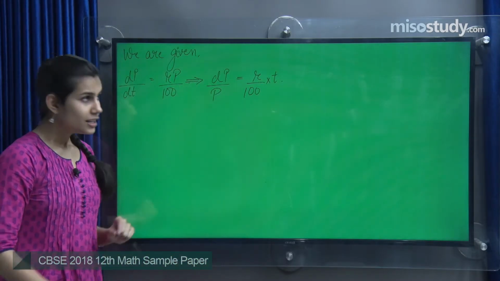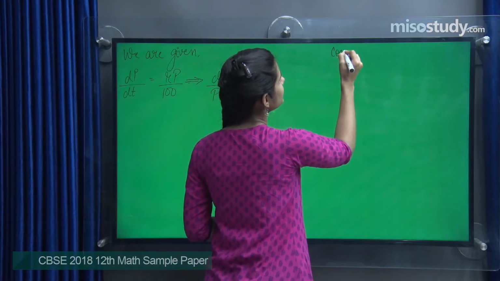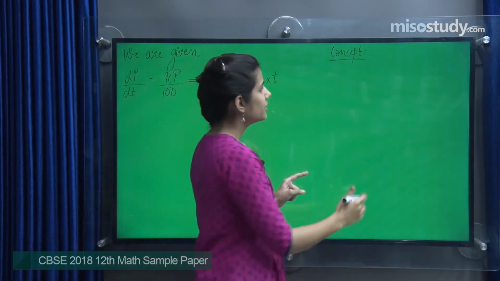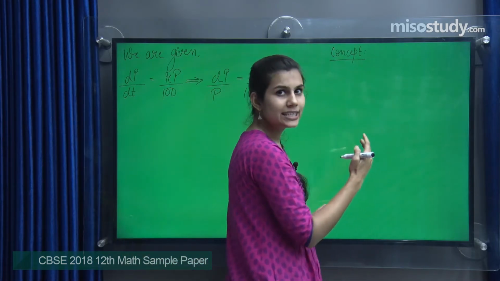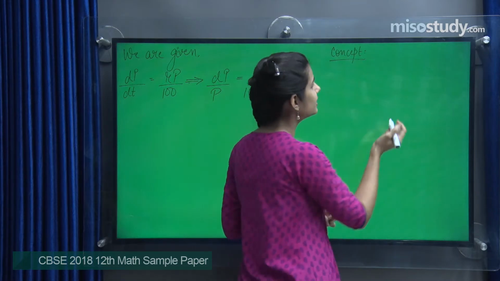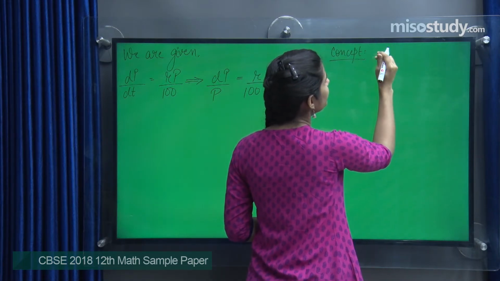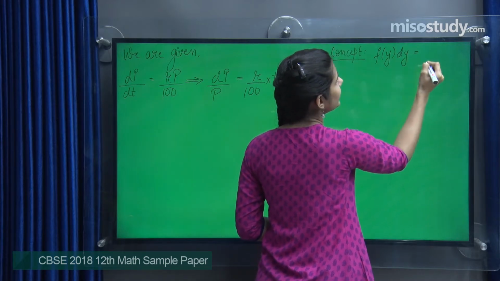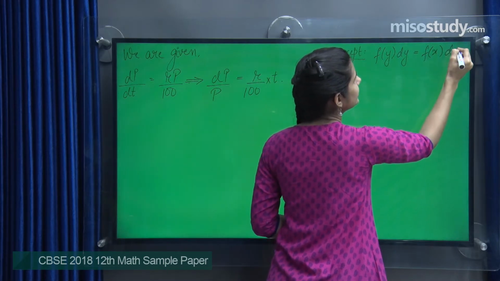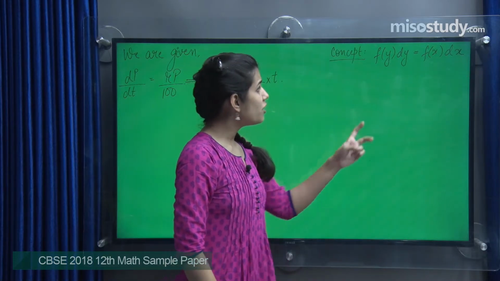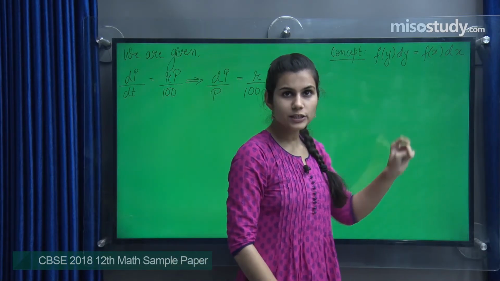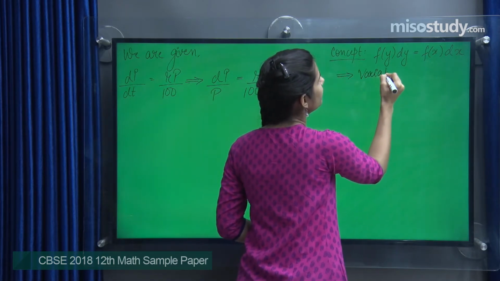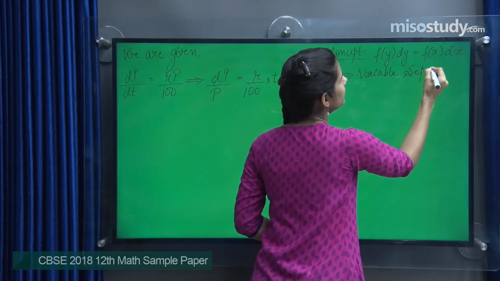Now, what is this? Well, again, a concept comes to the rescue. If we can write the differential equation in this form, how? If we can write it as f of y dy equals f of x dx, somehow, if we can write our differential equation in this form, it implies that this is a variable separable form.